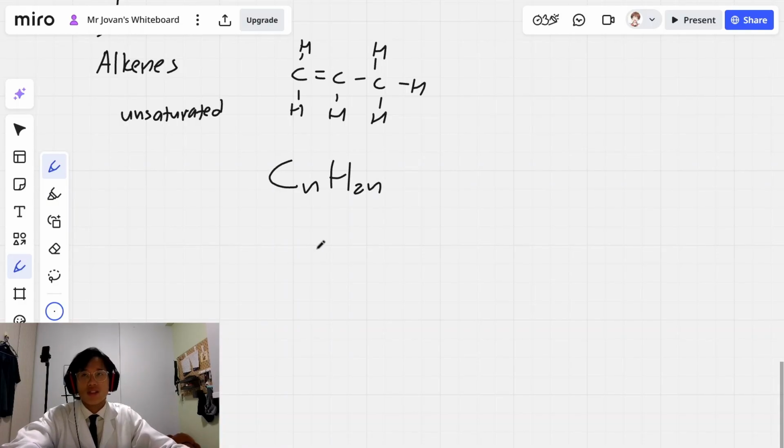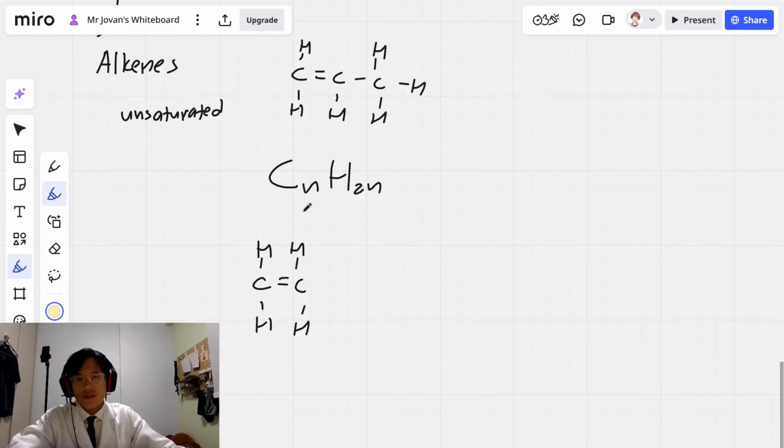Let's break it down so that we can forever remember this general formula. I'm going to write the most simple alkene now. Carbon, n. Then 2n hydrogens, because on top and below, that's why it's times 2. I'm going to draw the next one.